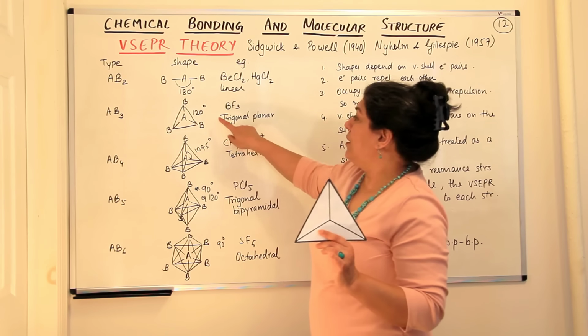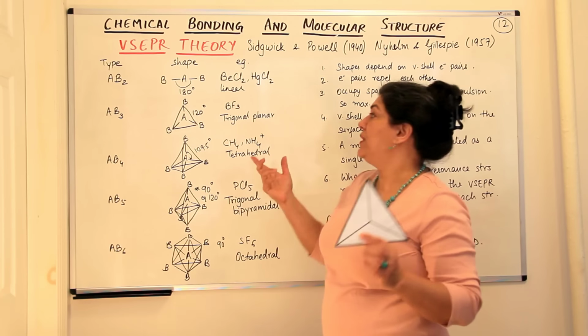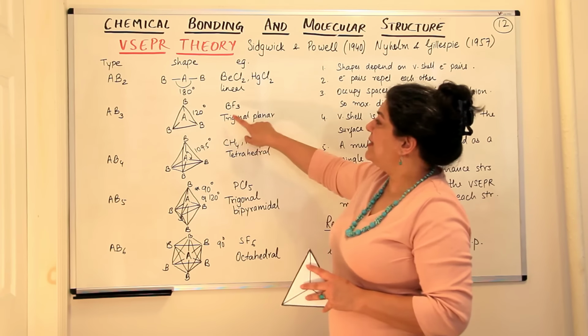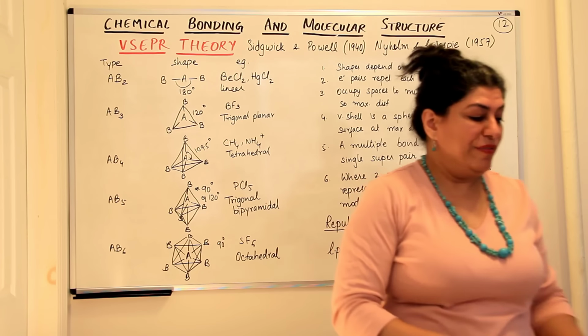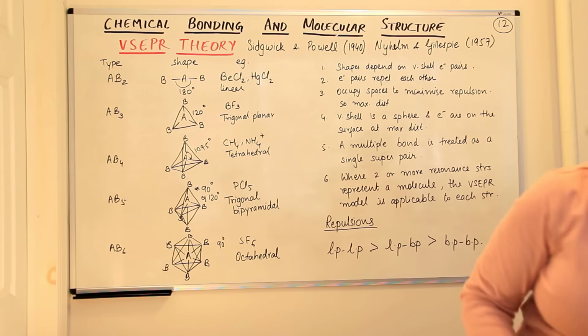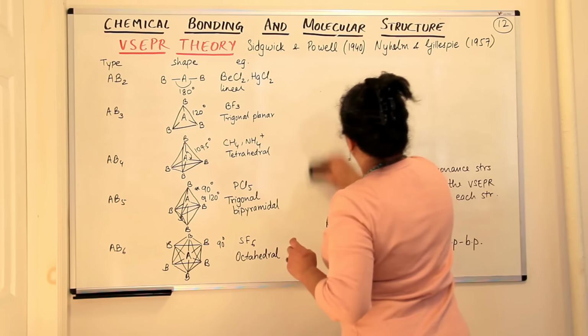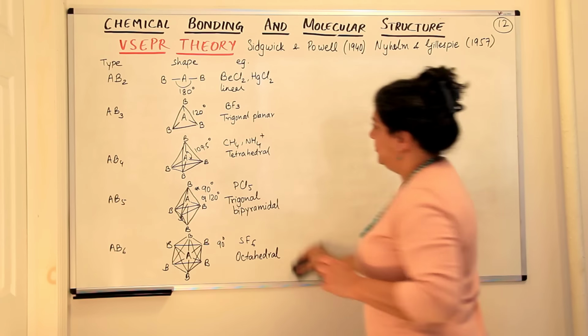It's also called trigonal. It has three corners, so it is trigonal planar or triangular planar structure. An example of this type is BF3, boron trifluoride. I'll just wipe this off. Yeah.